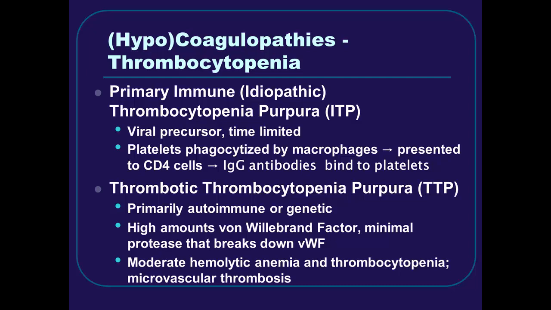When you look at labs then, you will not see an effect on the coagulation factors. Your PT and PTT are normal. And while you once again may see some decrease in the platelet levels, it's not a huge dramatic decrease in the platelet levels. It's all about their function and what they're doing.